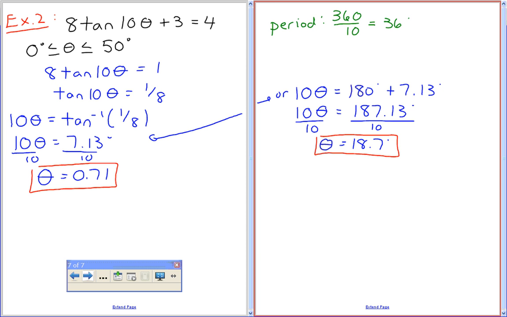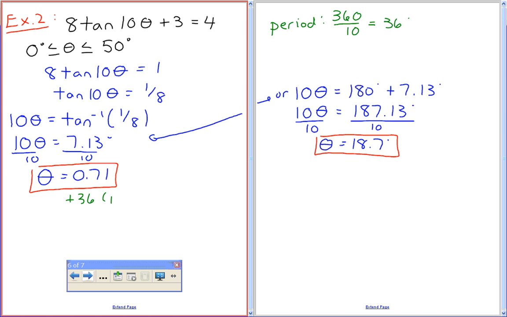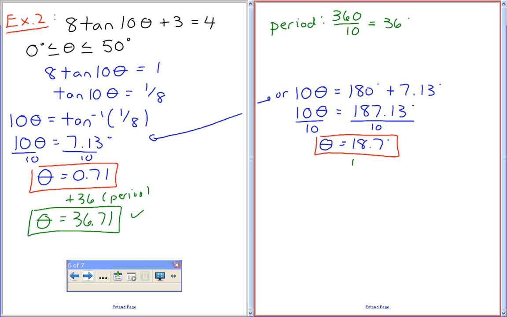So your period's always 360, not 180. Okay. So again, if I add 36 here, I get 36.71, which is okay. That's still in my domain. If I add 36 here, I get 54.7, which is out. That's too big.